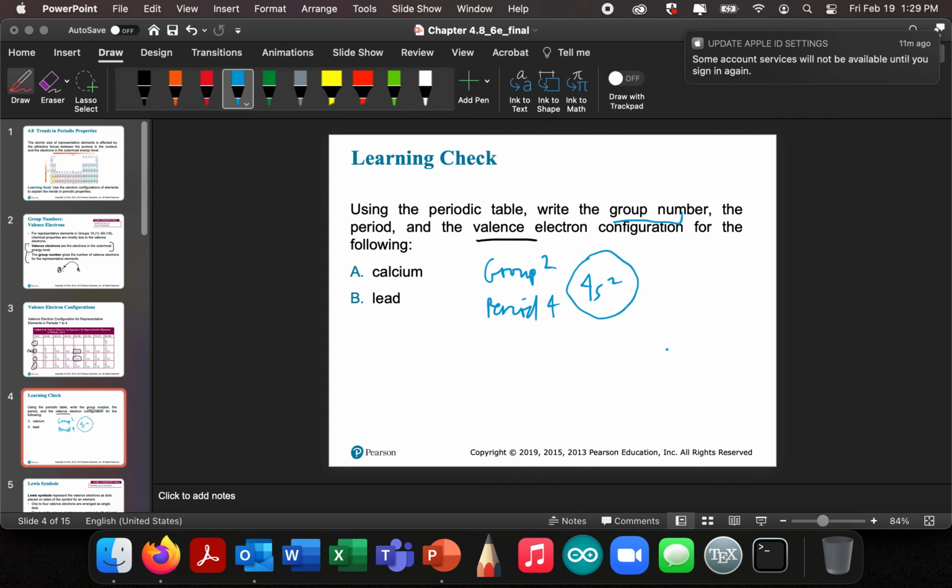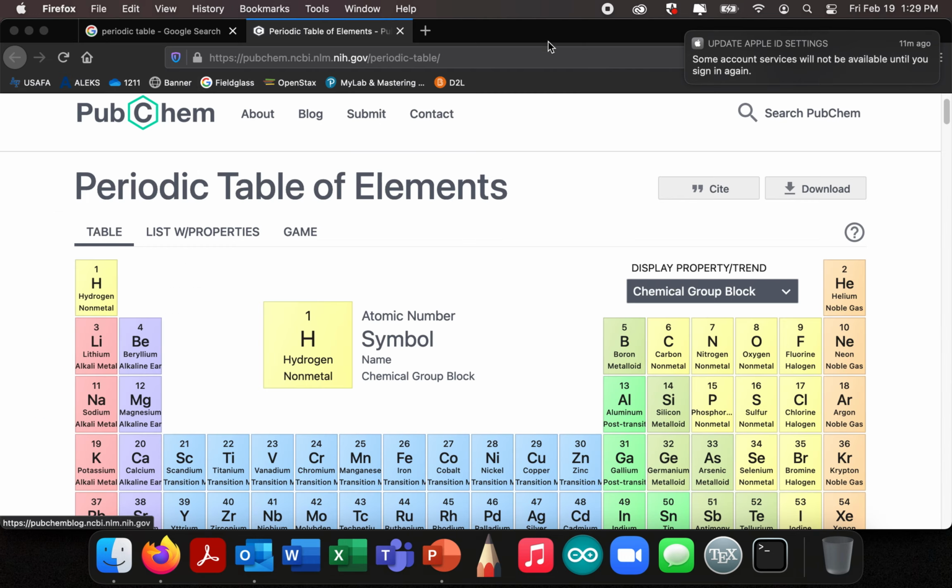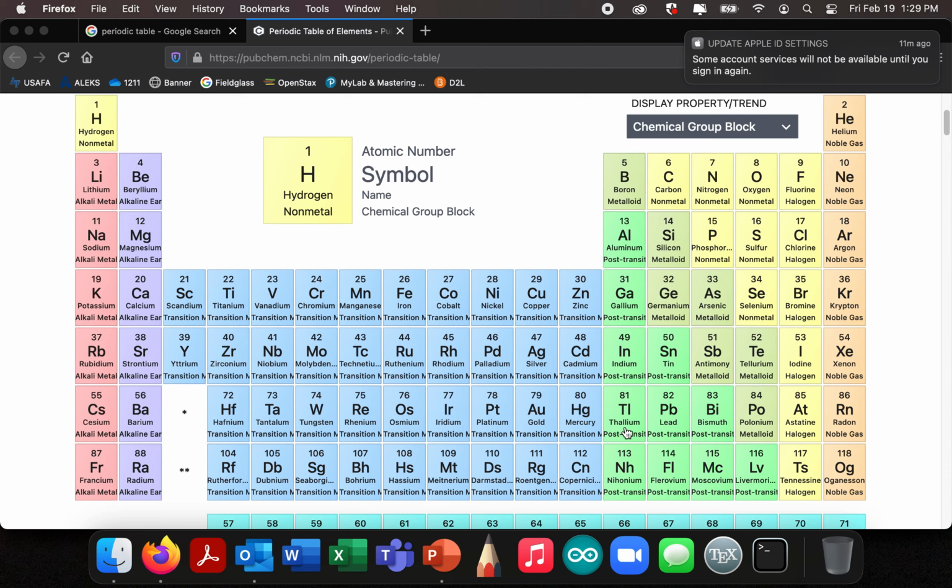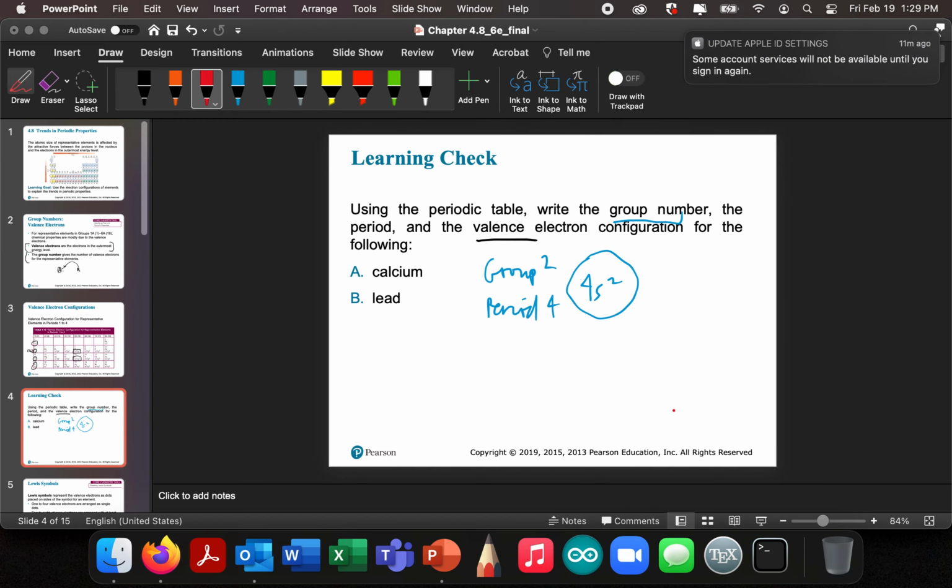All right, and then lead is over here. Lead is down here. Can you see that it's in the P block, right? It's in the 2nd column of the P block, right? And it looks like it's the 1, 2, 3, 4, 5, 6 period, so it's going to be 6p2.